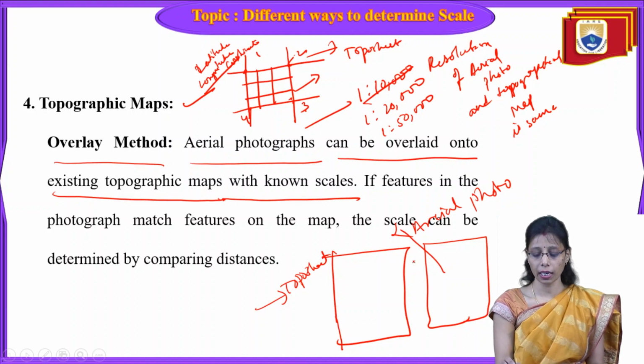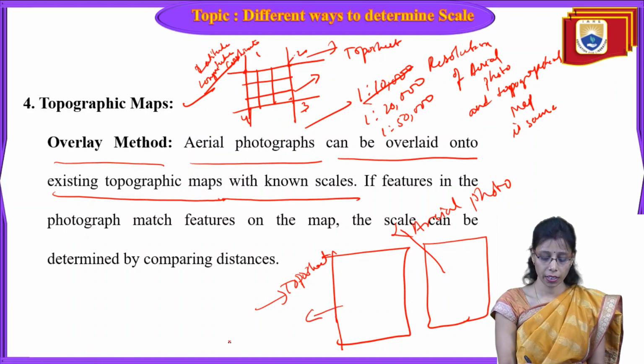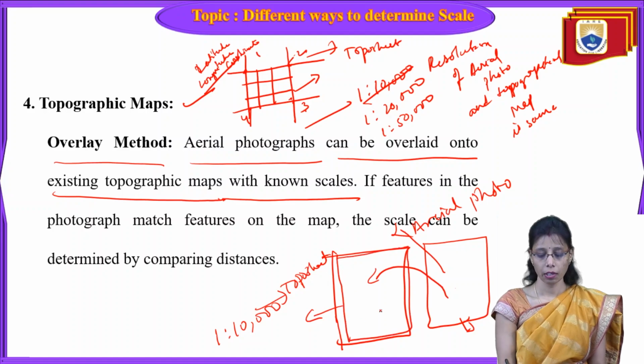But in the overlay method, if the scale of this topo sheet is, for example, 1:10,000, and the same features are mapped in this aerial photograph, then you can overlay it exactly over the topo sheet. If it is overlaying, you can just swipe and check.